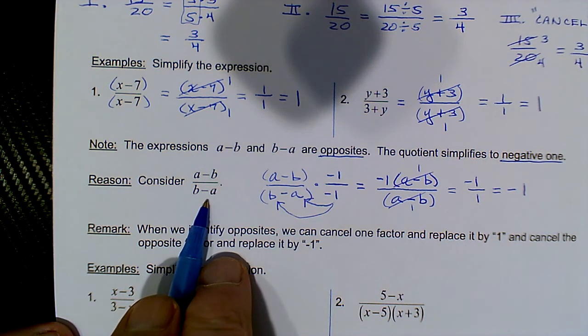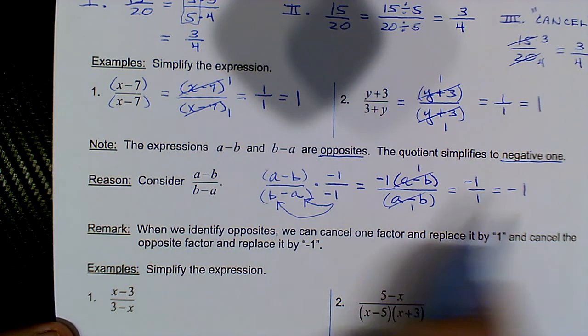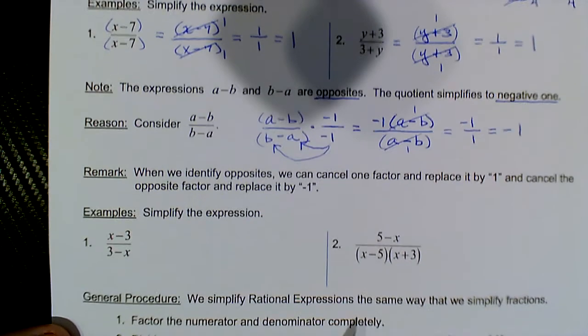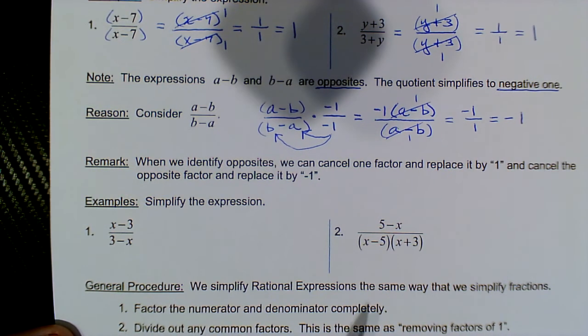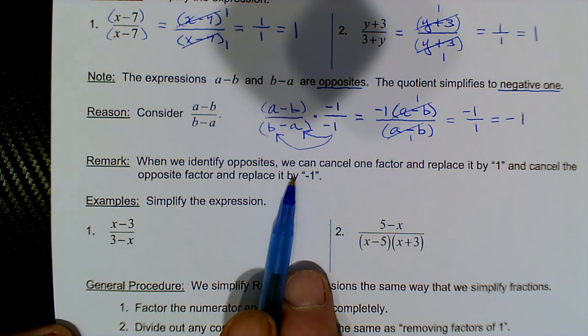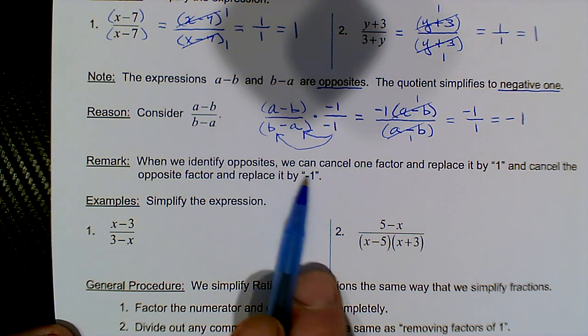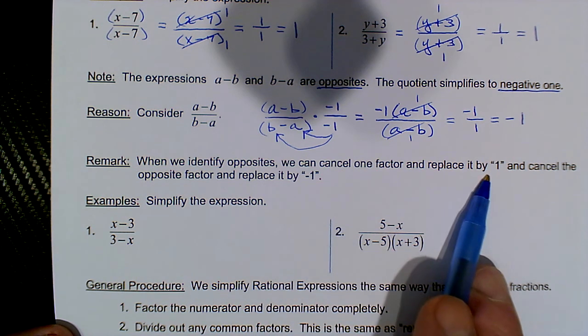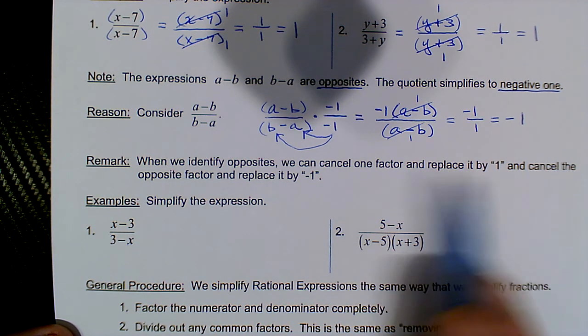So what I'm going to suggest is this. When you identify opposites, because they're easy to identify, they're just in the opposite order in terms of being binomials, cancel one of the factors and replace it by a 1, and then cancel the other factor, the opposite factor, and replace it by a -1.